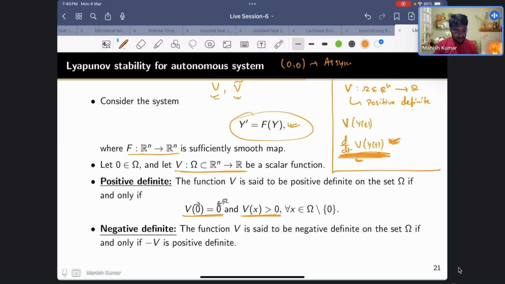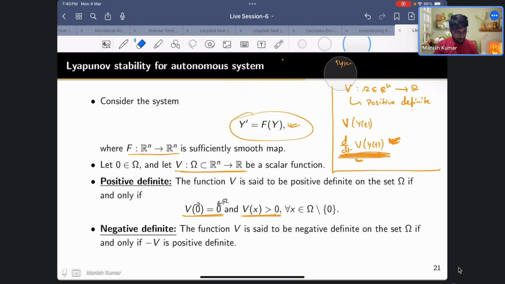But even if I change this function V to some other V tilde, this property will be preserved. So V could vary, you can have different V, but the property will be preserved. If the point is asymptotically stable, then the property for each V will be the same, and for stable or unstable, the property is not going to change.